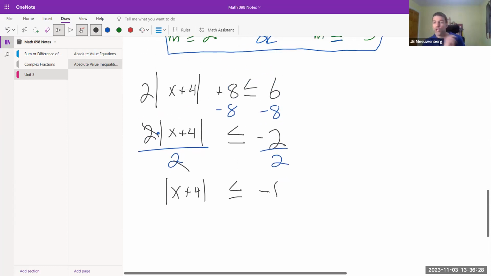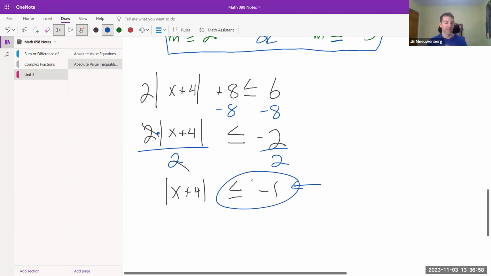here, hopefully something jumped out to you. Do you remember that absolute values can never give a negative answer? Whenever you take the absolute value of something, it has to have a positive value. Take a look at what we have right here. The absolute value of x plus 4 is less than or equal to negative 1.